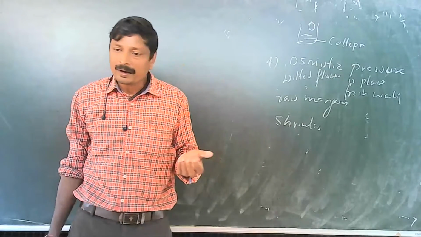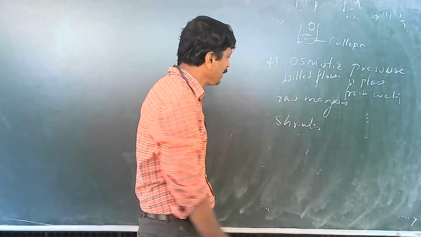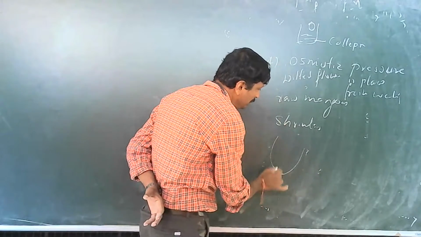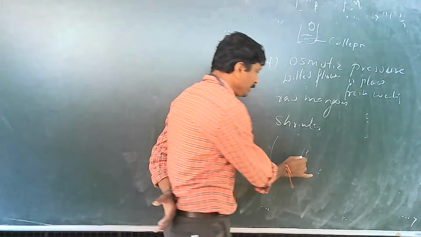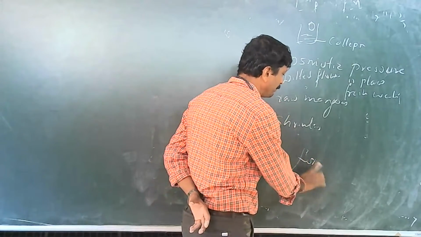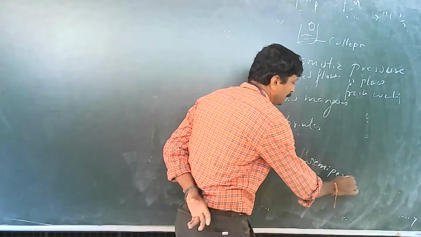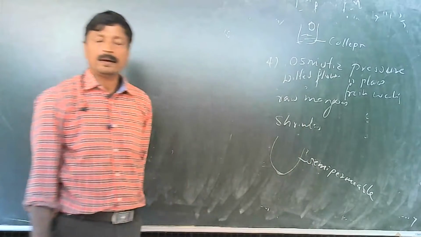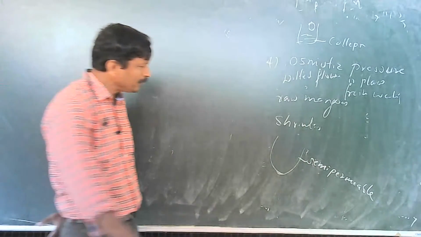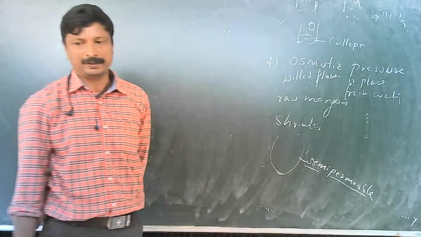In all these phenomena, the one common factor is a membrane. This membrane is called a semi-permeable membrane. Permeable means permits.